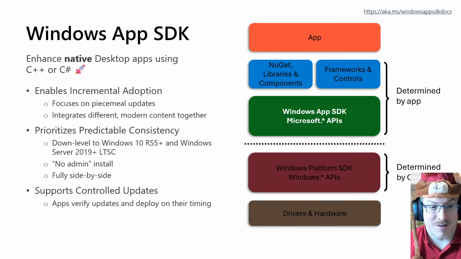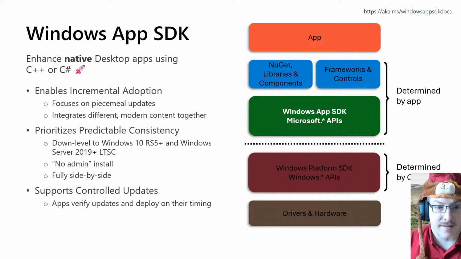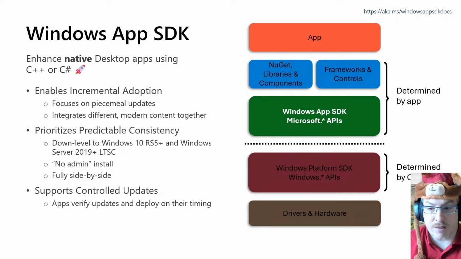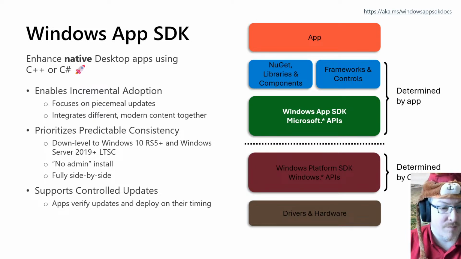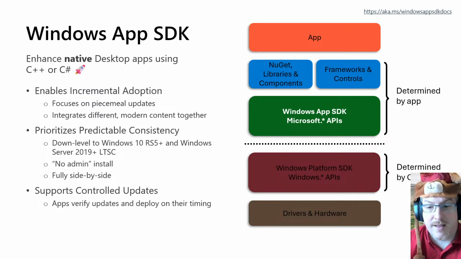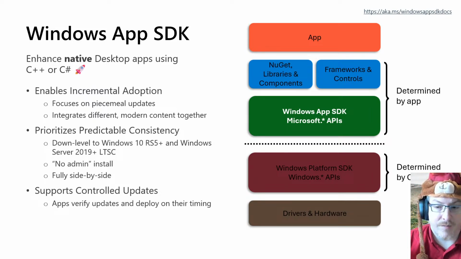Since I've just been talking about it a bit, it's a way to enhance your native desktop applications, whether you're using C++ or C#. So if you're a Win32 app, or you're using WPF or WinUI or Maui or any other of these technologies like React Native, like Stephen's going to be talking about in a minute as well, the Windows App SDK provides this common set of APIs that allows you to incrementally adopt these new features and put these new modern features that we're delivering into your application.